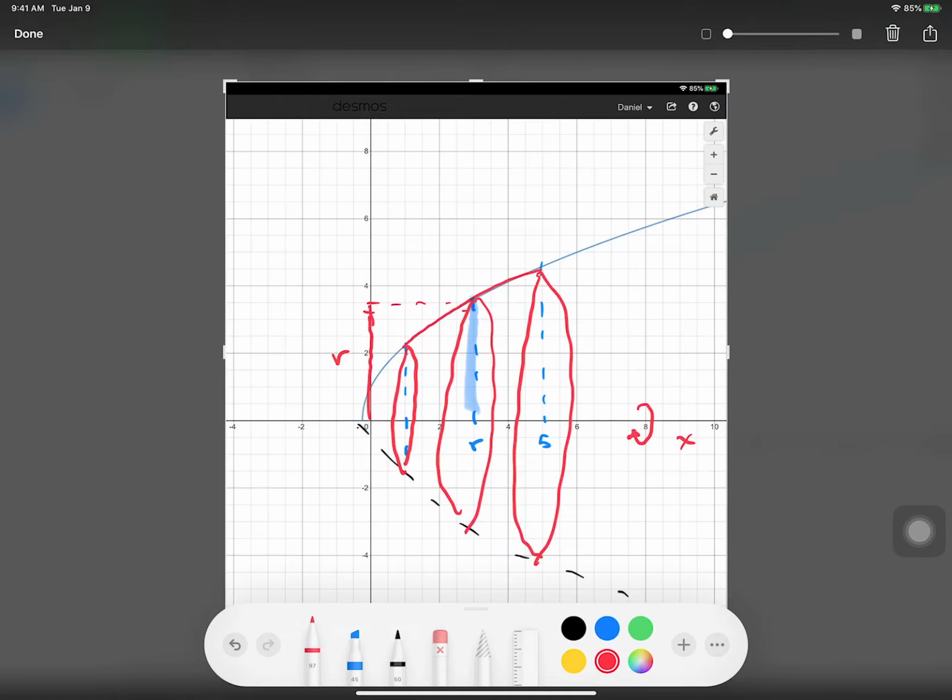So this is that radius value in blue, same value here. So in this case, r is going to be the y value. So for a particular value of x out here, your radius is going to be the y value.